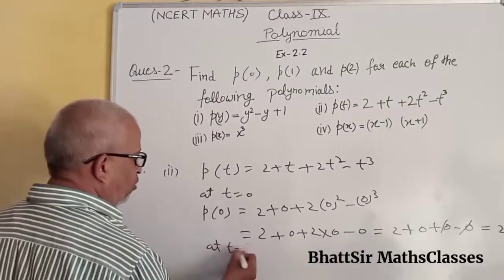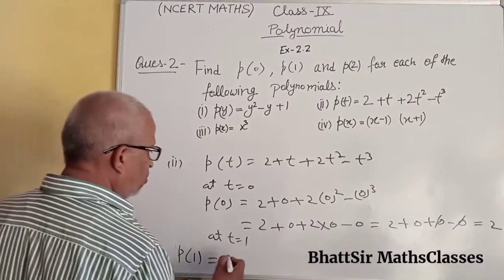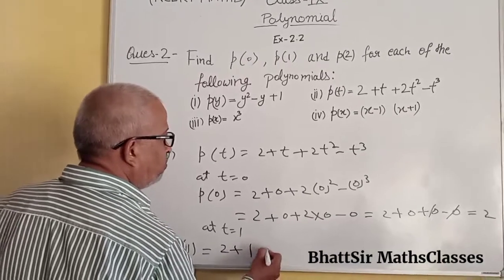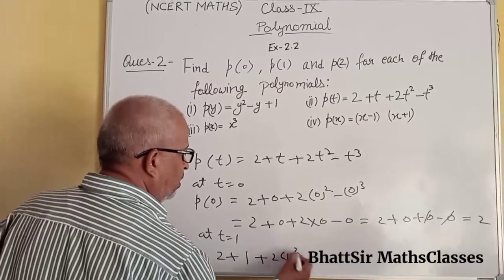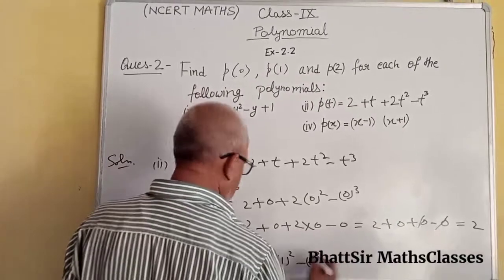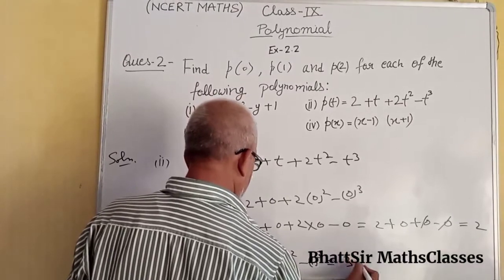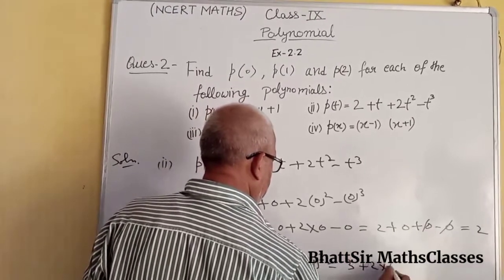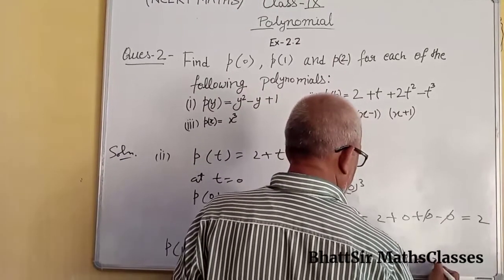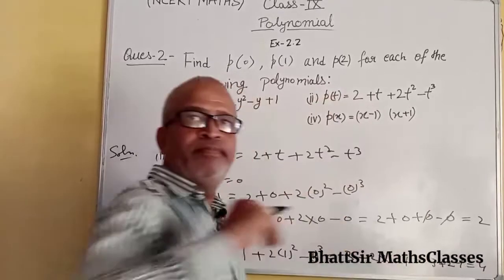At t equal to 1, P(1) equal to 2 plus 1 plus 2 into 1 square minus 1 cube, equal to 3 plus 2 minus 1, equal to 4.